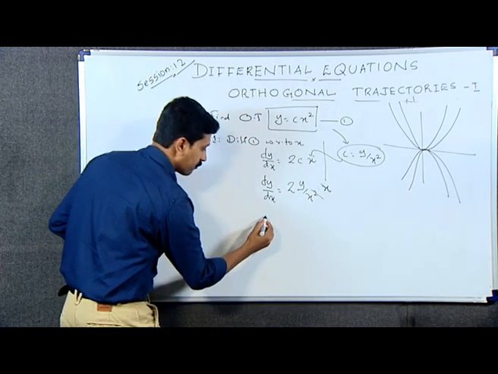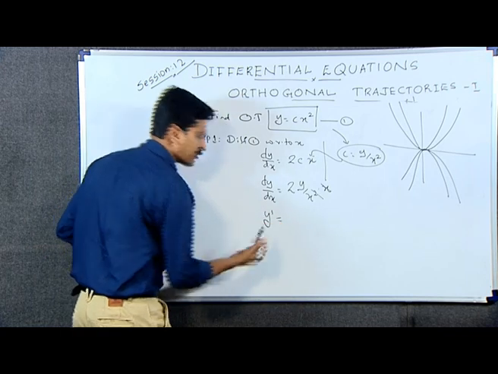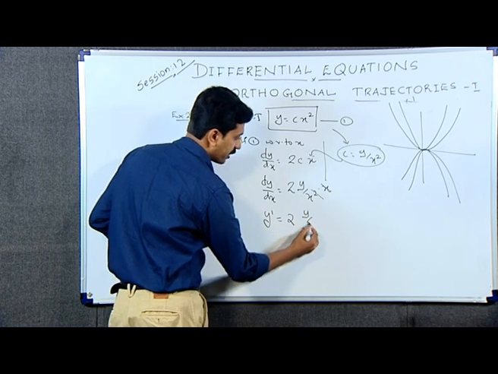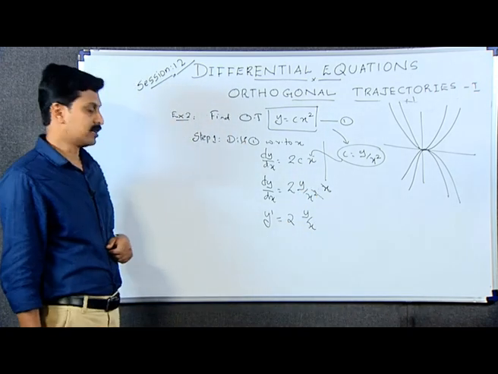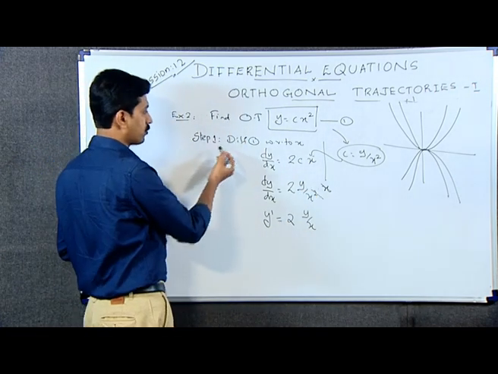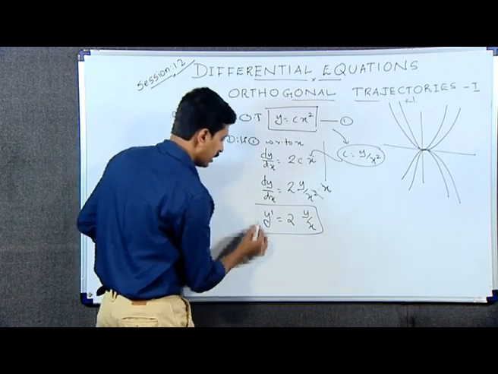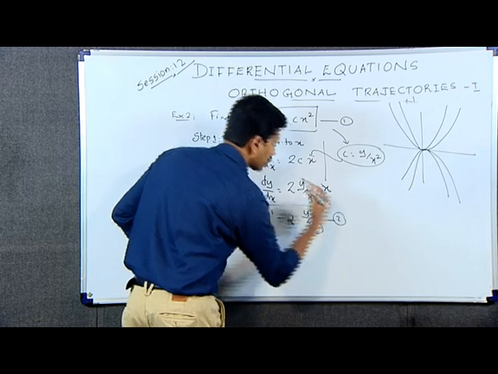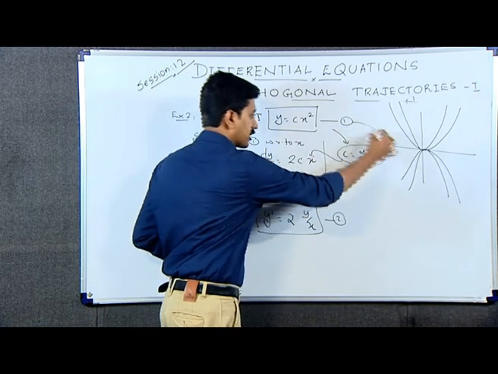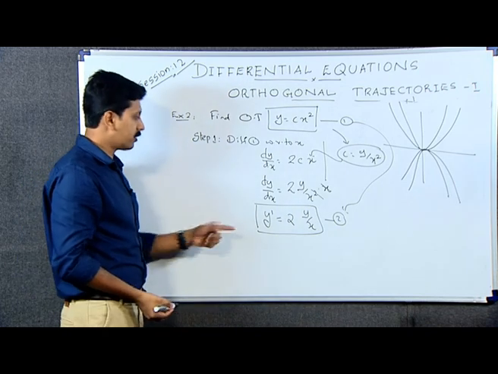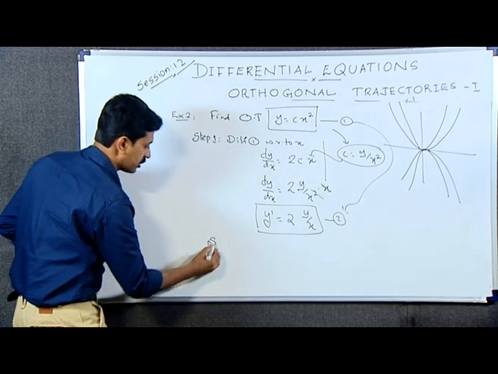So, we will have y dash, dy by dx, equal to 2y by x. Now, our step 1 is over, where we have got a new differential equation. This equation number 2 is a differential equation corresponding to equation 1. Now, we can move to the next step.